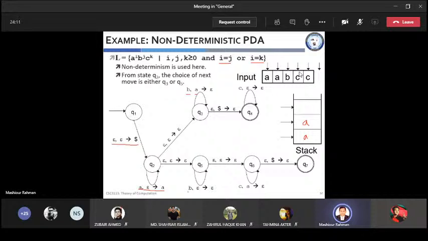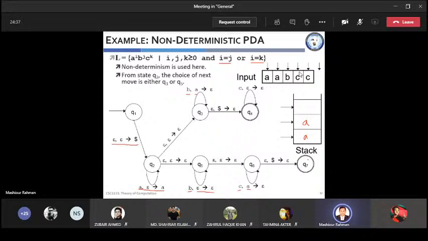Now, this branch Q5, Q6, Q7 works for the number of a's equal to the number of c's. You can see for the b's, as we will be checking the number of a's with the number of c's, we are skipping all the b's. For the b's, we are not making any operation on the stack. And we are moving to Q6, where for each c, we are popping 1 a. As there are 2 c's, 2 a's will be popped out, and we will have the dollar symbol and the input will be completed.